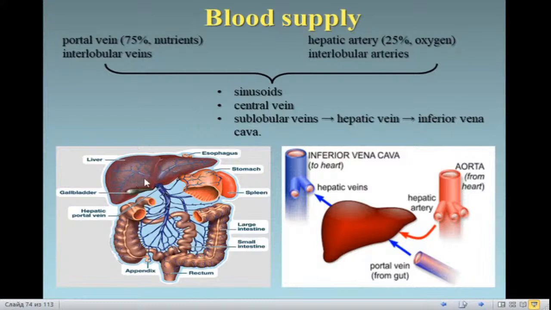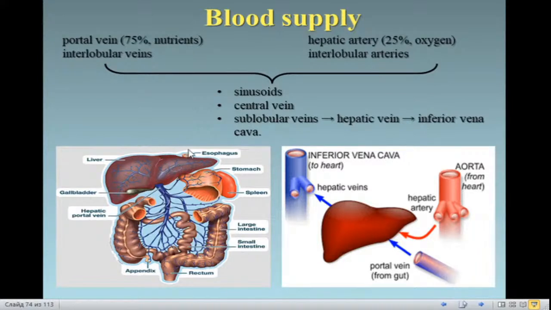And all these substances are to be detoxified there. But these are nutrients, and the oxygen is brought by the hepatic artery, which is the branch of the celiac trunk coming from the abdominal aorta. So two vessels are coming into the liver, and what is exiting from the liver?